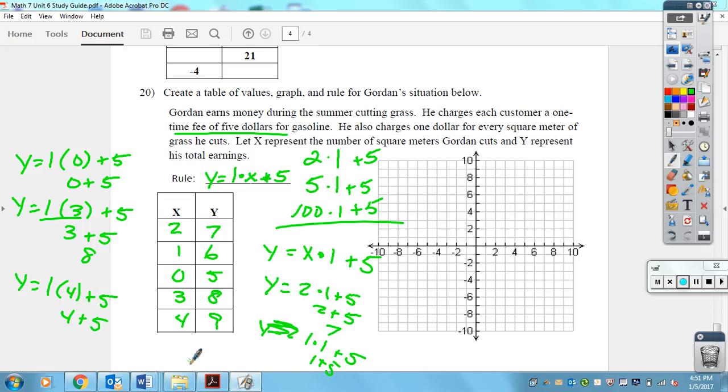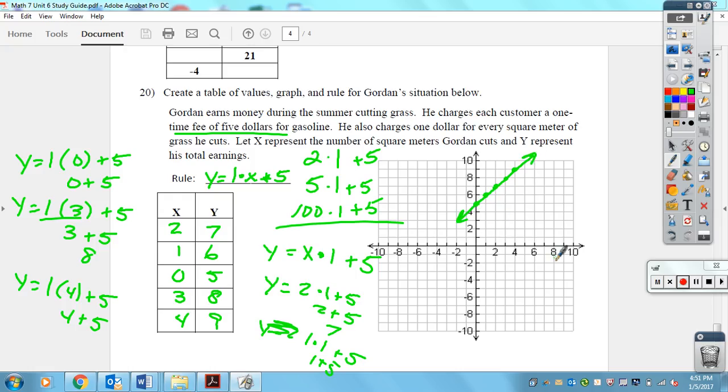Let's graph these points. 0, comma 5, that one. 2, 7, 1, 6. I have a 3, 8, and a 4, 9. So if you notice, it should be a parallel line. I'm going to draw an arrow on that side. Should I draw an arrow going that way?